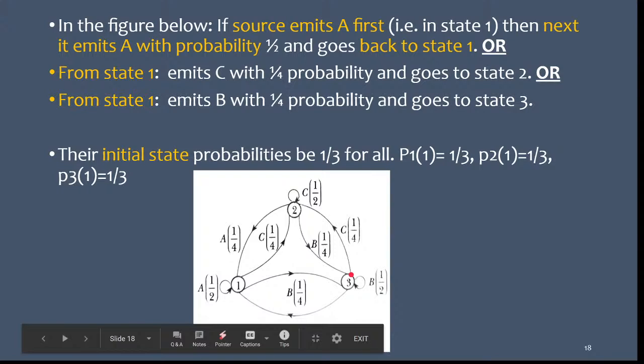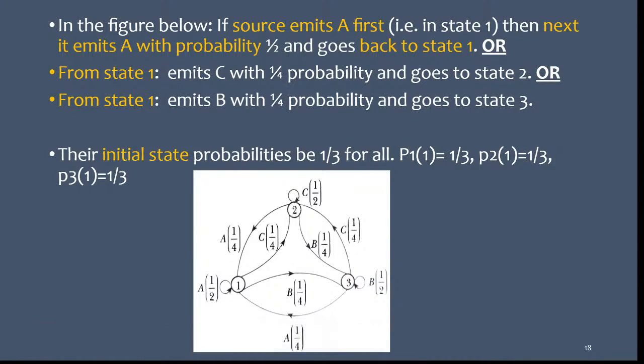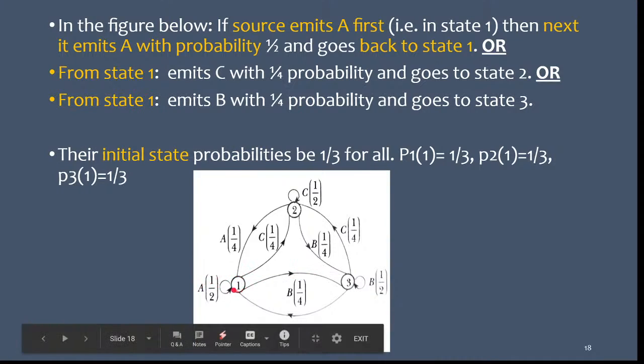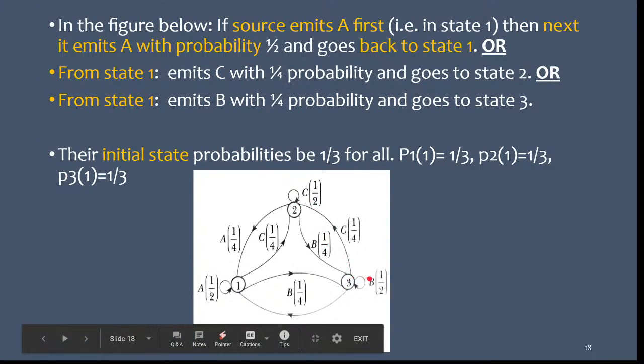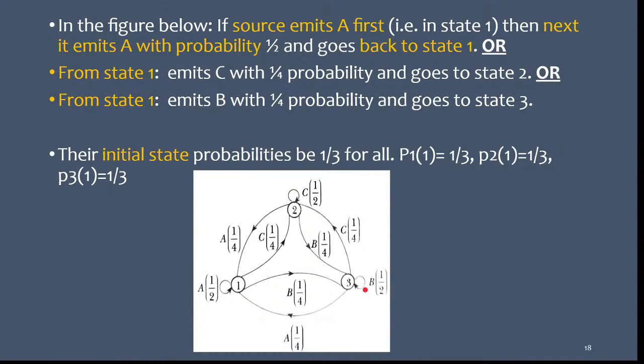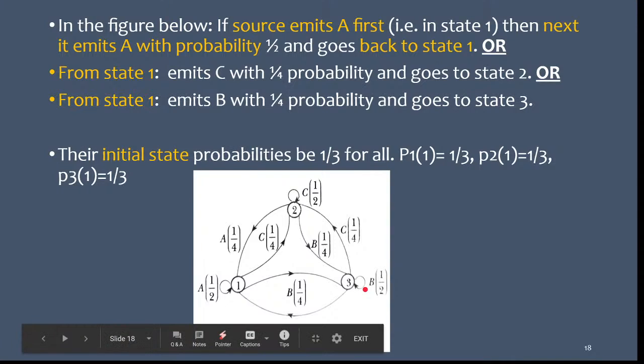That means when you start the system, teletypewriter or a camera, it may emit any symbol, maybe it emits A, C or B, that is mentioned here. If it was in state 1, it emits A, or if it was in state 2, it emits C, or if it was in state 3, it emits B. So that initial probability of generating any symbol or being in any state is the same in this case, that is 1 by 3.